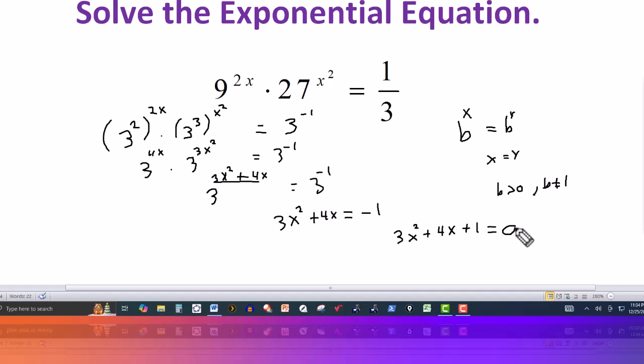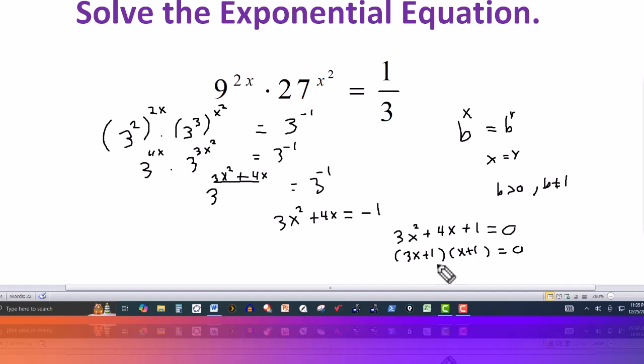Now we have a quadratic equation. One side is 0, so we can go to the most common method here, if it factors, and this one does. So this would be 3x here, x here, plus 1 here, and a plus 1.